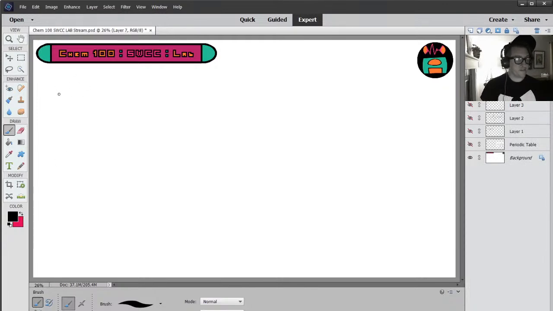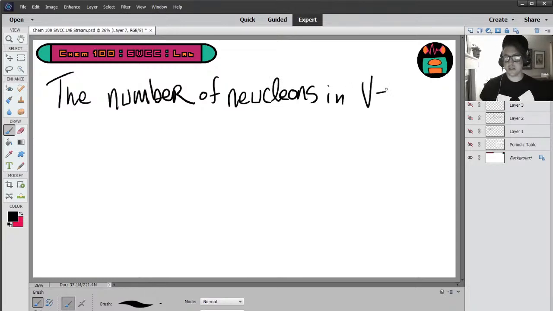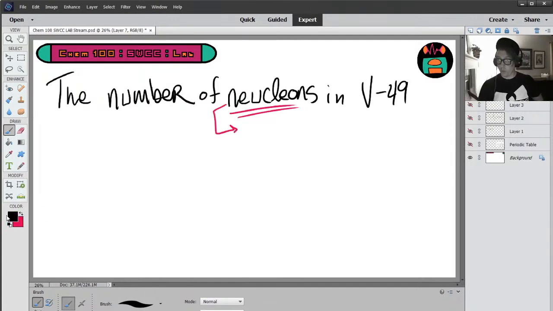If you're asked to find the number of nucleons in vanadium-49, the term nucleon is just a generic term for any particle that's found in the nucleus. There are 2 types of particles found in the nucleus, and those are protons and neutrons.